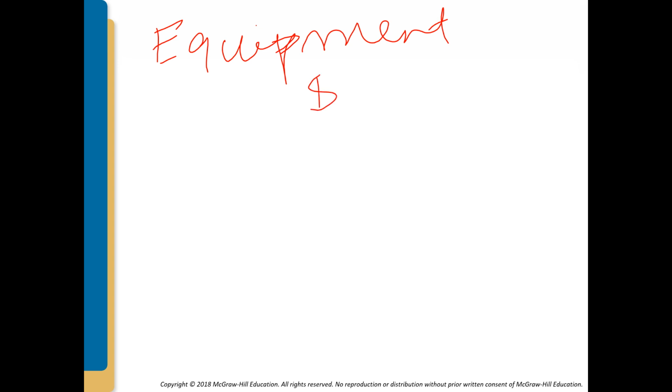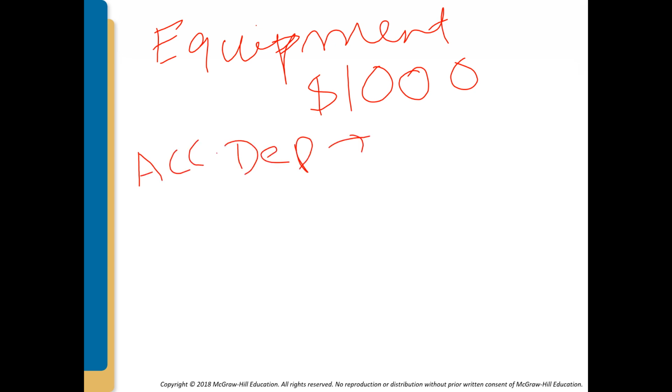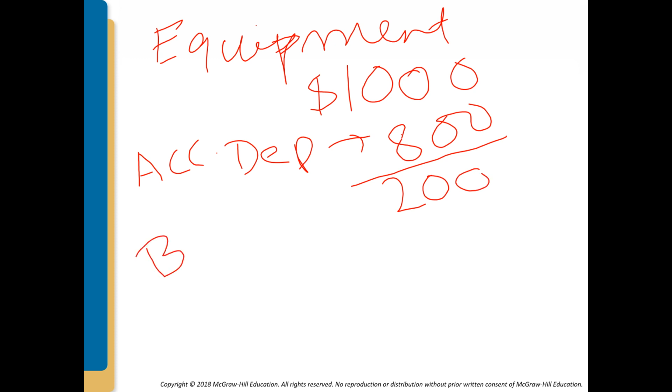Okay, the cost is 1,000, and accumulated depreciation is say 800. So 200 is the book value.